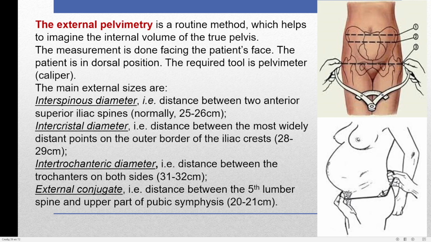And the last obligatory diameter is the external conjugate. It's the distance between the fifth lumbar vertebra and the upper part of the pubic symphysis. This distance must be 20-21 centimeters.